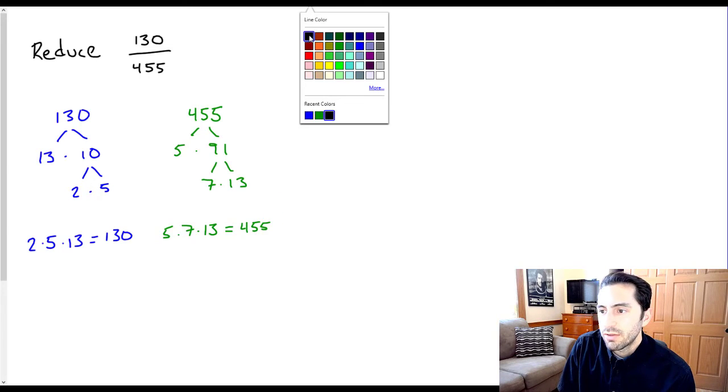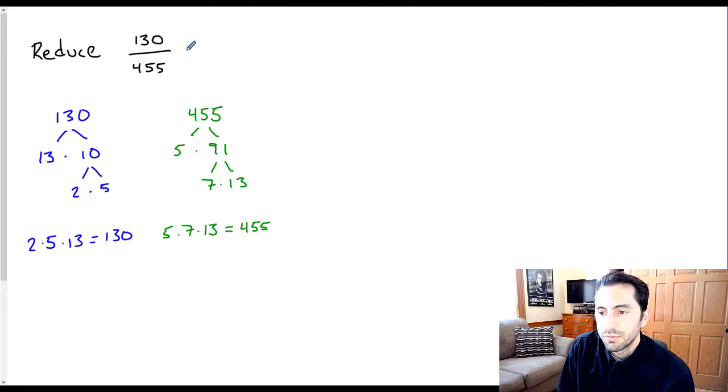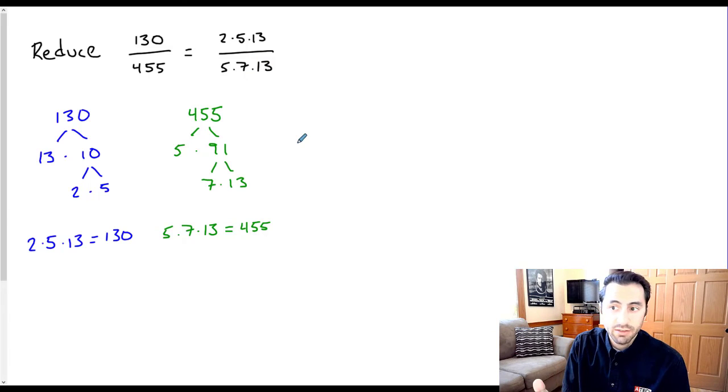So if I go back to my original fraction, these two numbers, I can rewrite them in their prime factorization. The numerator is 2 times 5 times 13, and the denominator is 5 times 7 times 13. And now written like this, it's really easy to see what my common factors are.